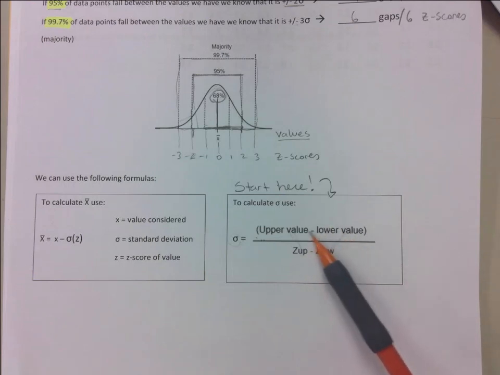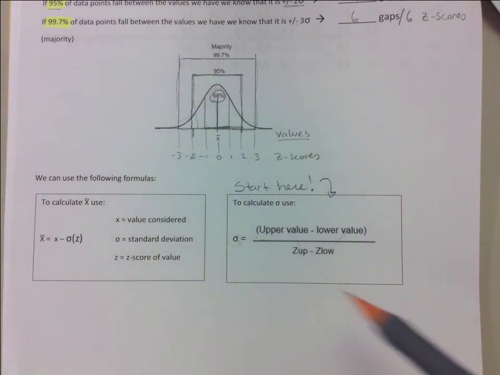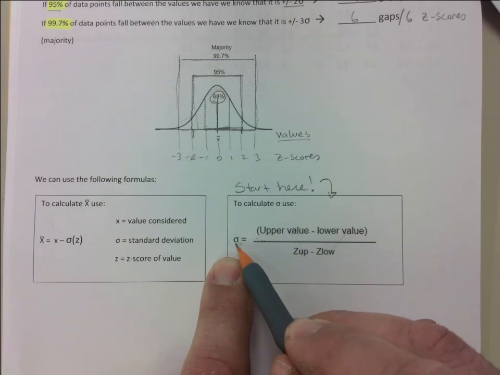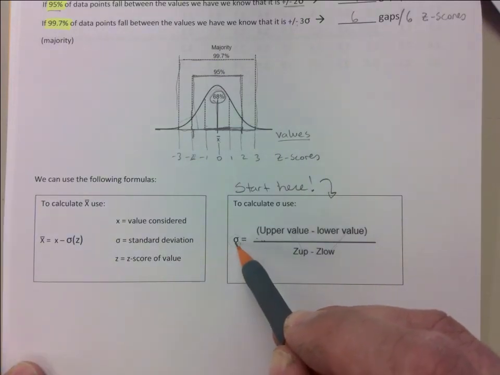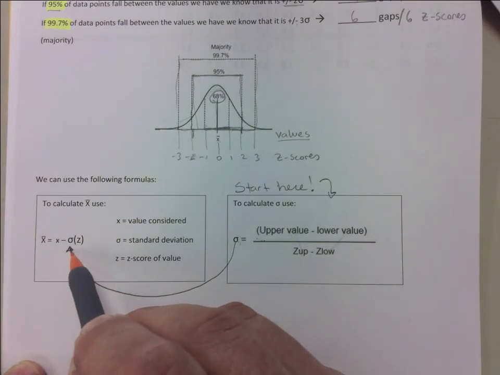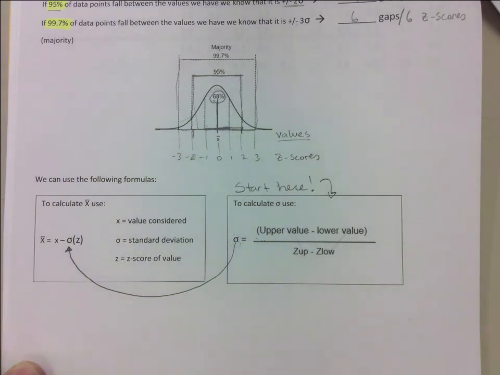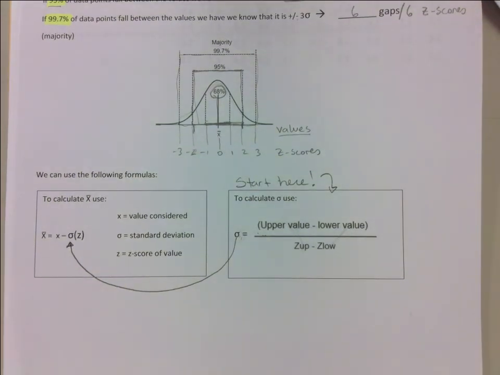So this is what we do: we subtract the values, and we subtract the z-scores. That gives us a standard deviation. Once we have the standard deviation, we plug that in here to figure out our mean. That's how we're going to do this type of question.